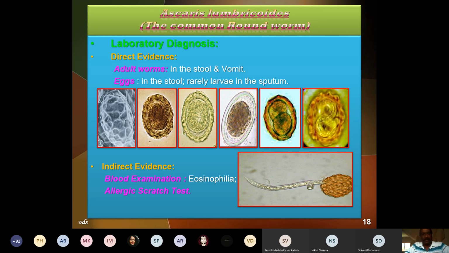And this inner rhabditiform larva has been shown in the lower slide. Now, indirect evidence: observe for blood examination, eosinophilia. An allergic test can be done for the detection of hypersensitivity to ascaron, the fluid inside the body of the Ascaris.